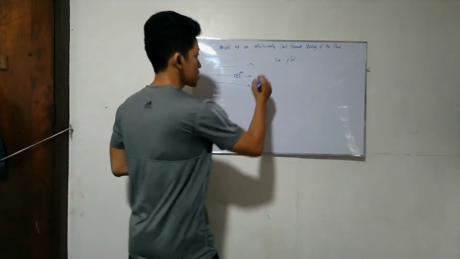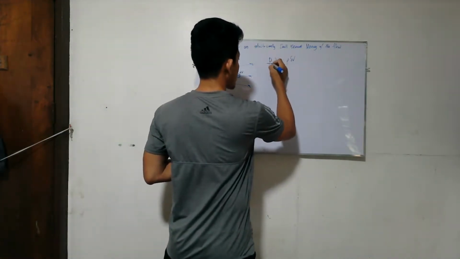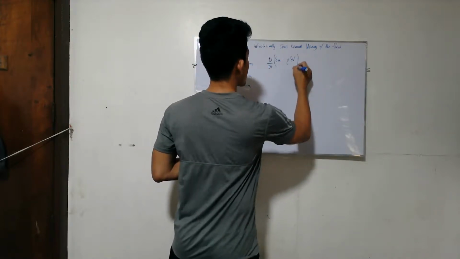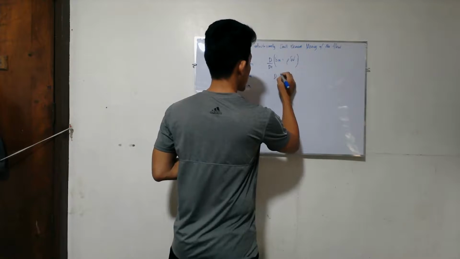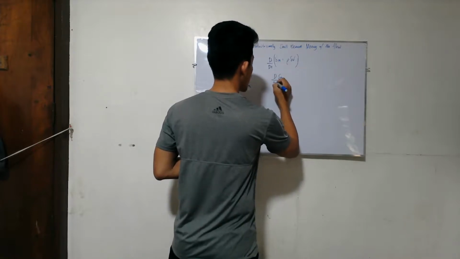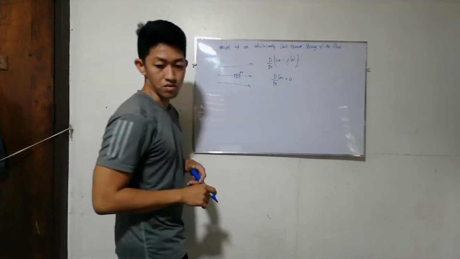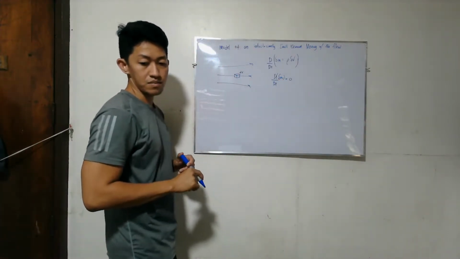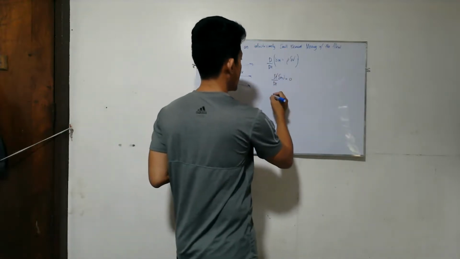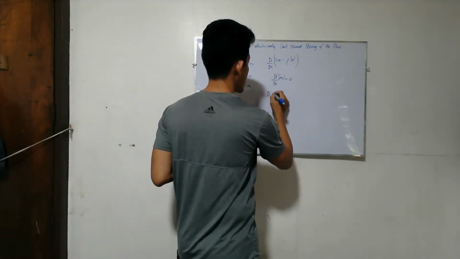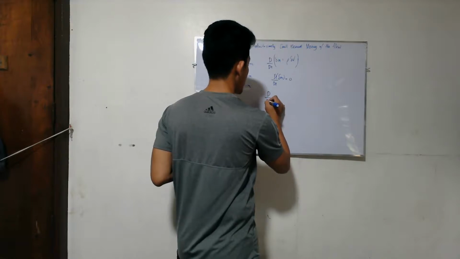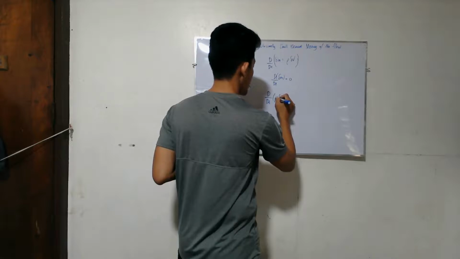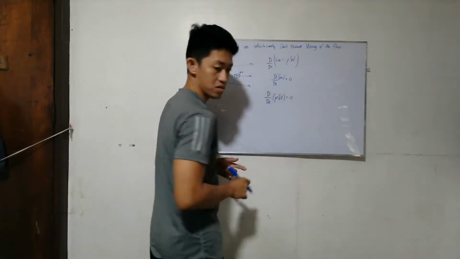So if we differentiate it with respect to time, it is just equal to 0. Therefore, d/dt of rho dV is equal to 0.